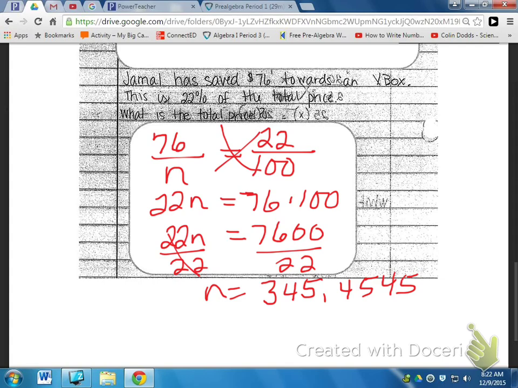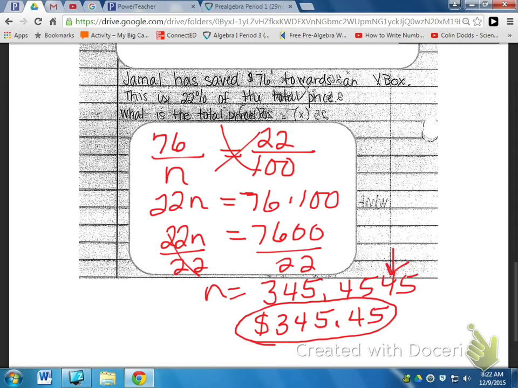So Shane, what would be the best way then to leave that answer since it's money? $345.45. Yeah, you would look at the third decimal place, the 4. It says that the second place should stay the same. So $345.45 for that Xbox, which was the total price. Okay, questions on that?